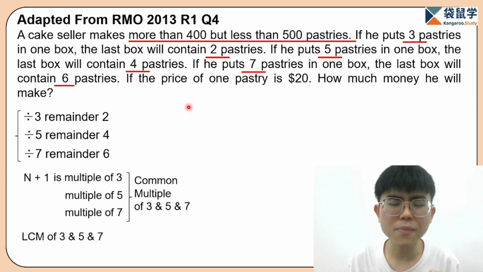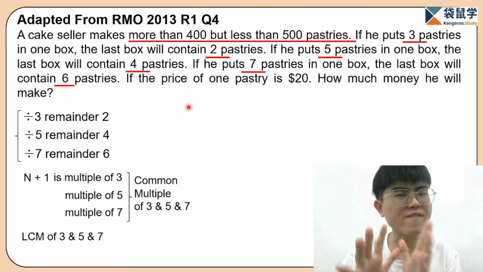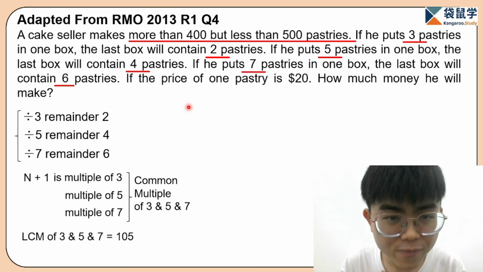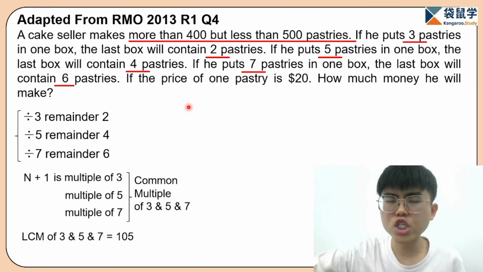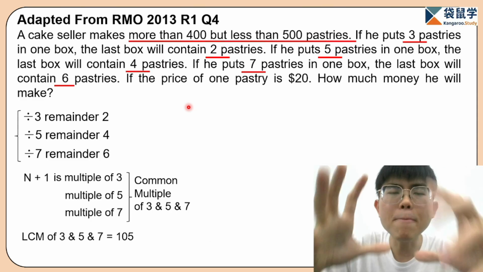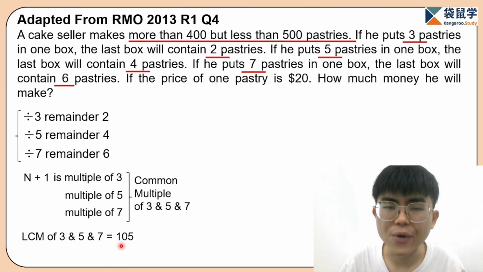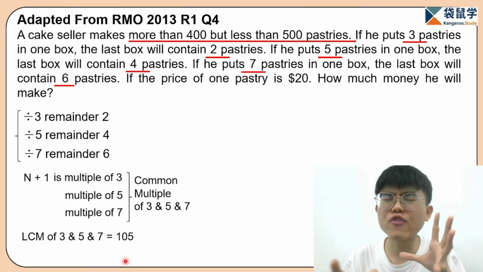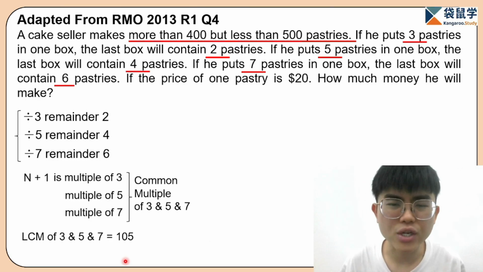And the least common multiple of 3, 5, 7 is just 3 times 5 times 7, which is 105. Everyone, from here, the common multiples of 3, 5, 7 are actually just the multiples of 105. So we just have to find different multiples of 105.